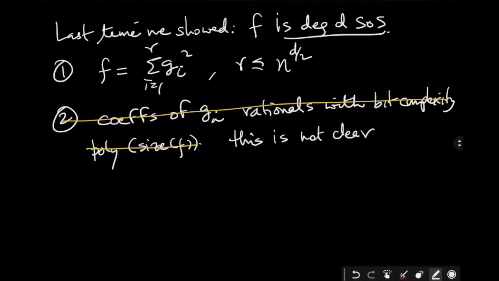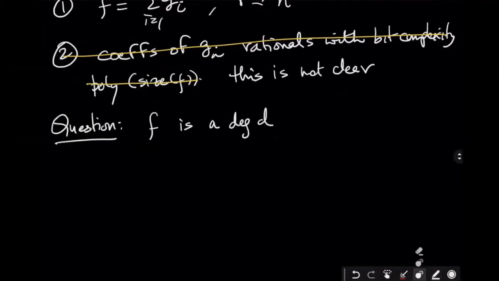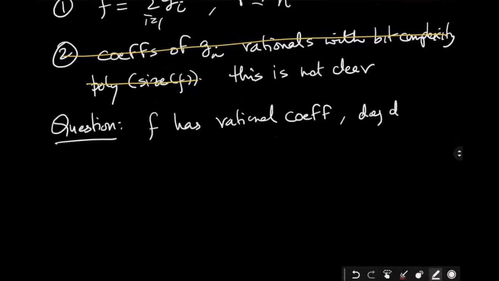Let me write it down, because it's the first open question we are discussing in this seminar. Let's say f is a degree d polynomial. Or actually, suppose f has rational coefficients, and by clearing the denominator, you can always assume that they are in fact integer coefficients if you like. Let's say f has a degree d SOS certificate.